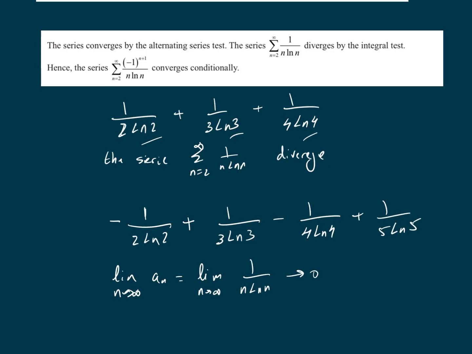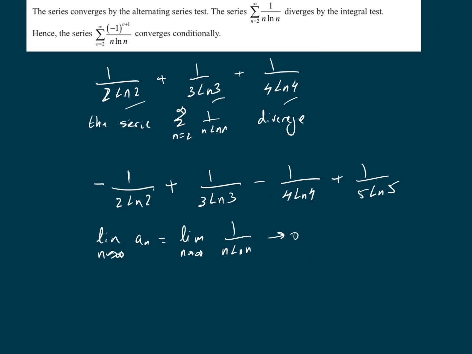And yes, as n goes to infinity, natural log of n goes to infinity, and 1 divided by infinity goes to 0. So for sure this limit goes to 0.